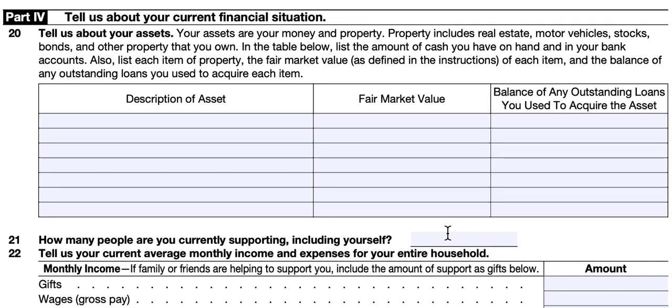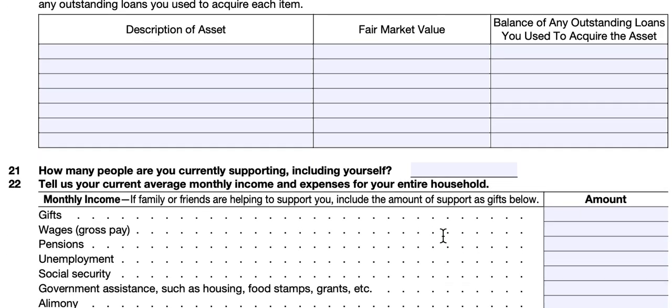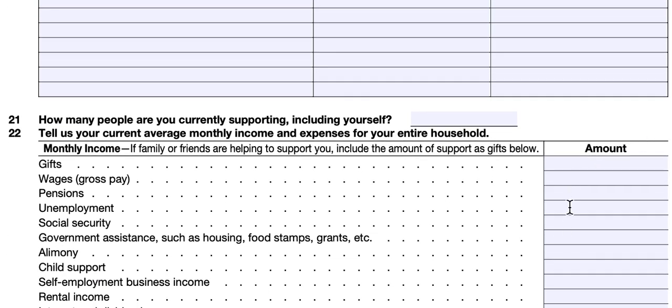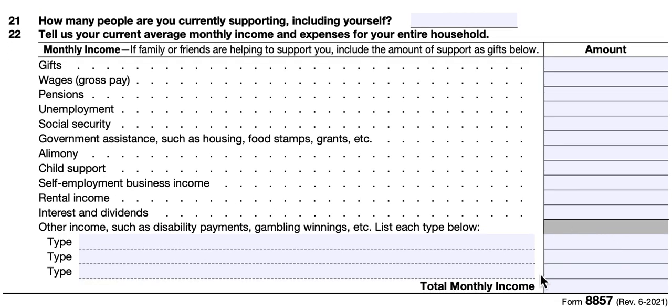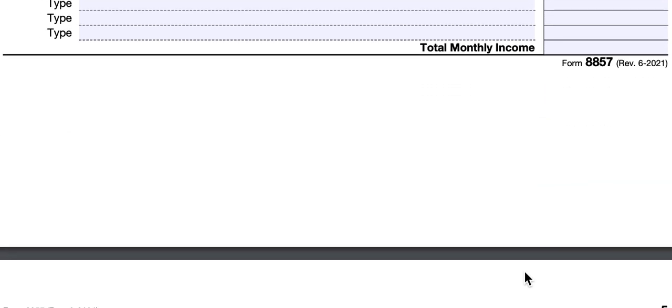Line 21, how many people are you currently supporting, including yourself? And then line 22 is your monthly income, whether it's gifts from family and friends, whether you have wage income, pensions, Social Security, unemployment, whatever, child support, alimony. All of the different sources of income should add up to a total at the bottom of line 22.